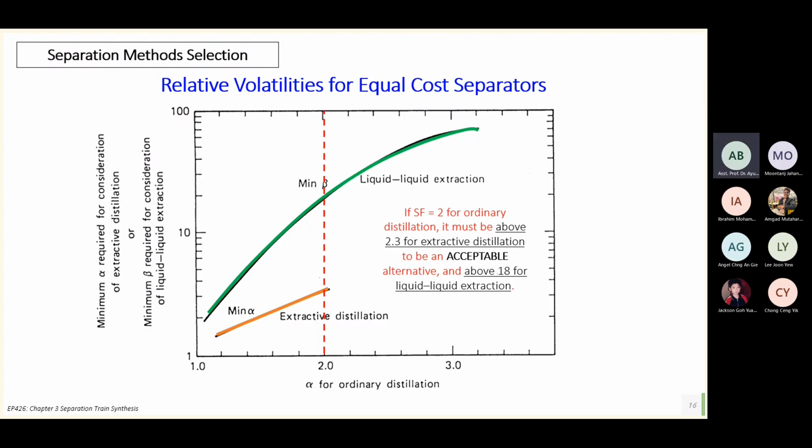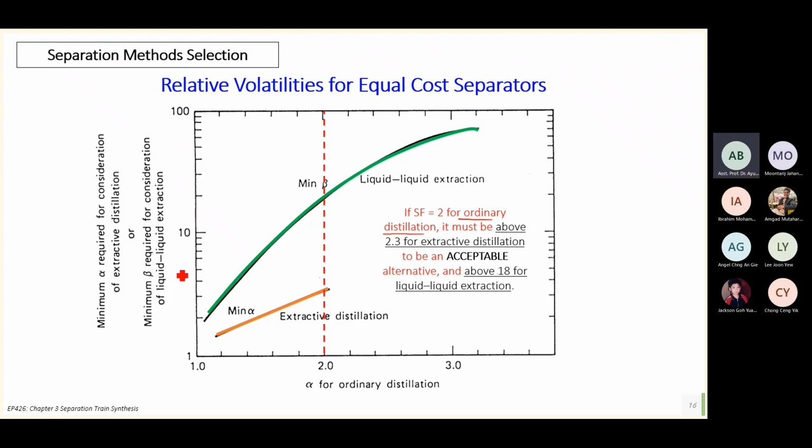This figure shows, if SF equals 2, that means the relative volatility separation factor equals 2 for ordinary distillation. X here refers to relative volatility for ordinary distillation.